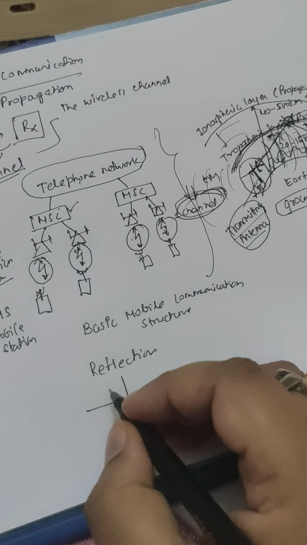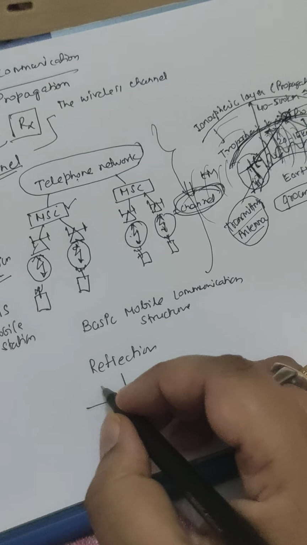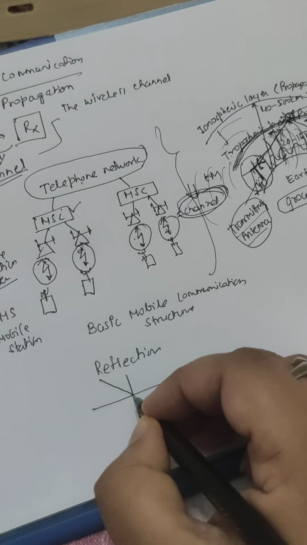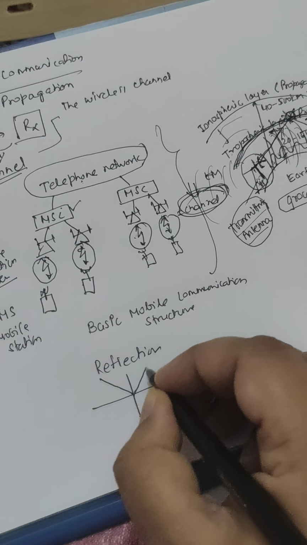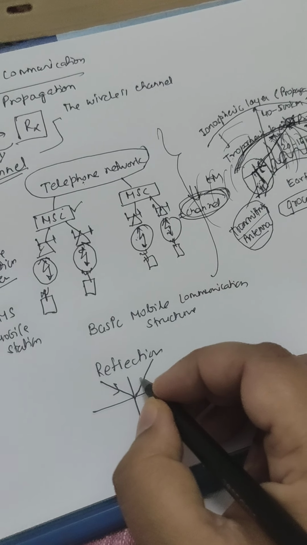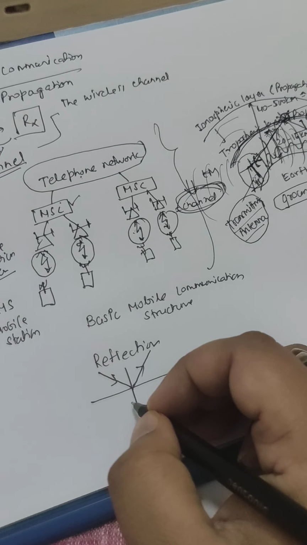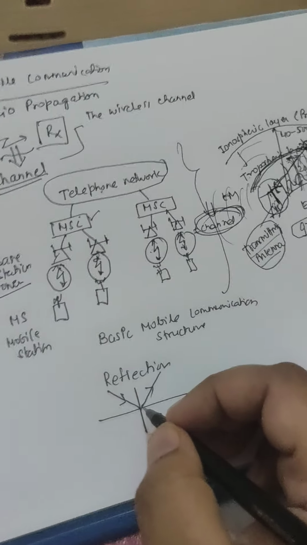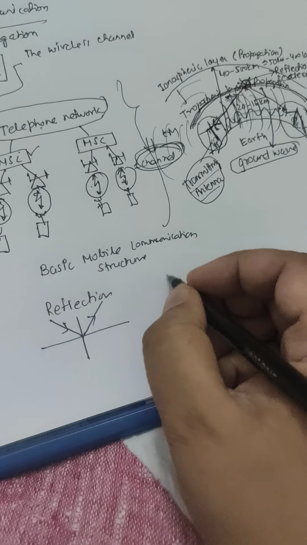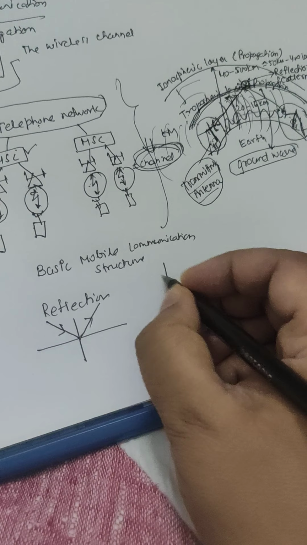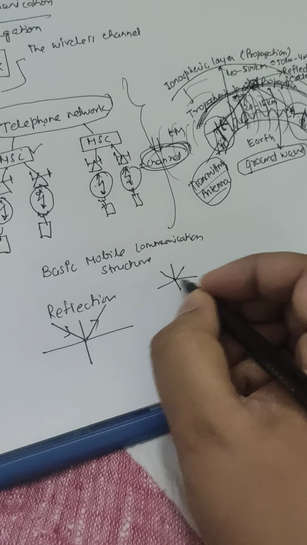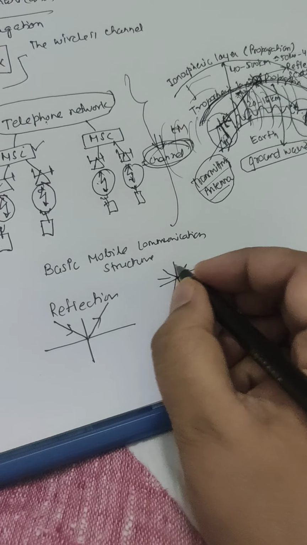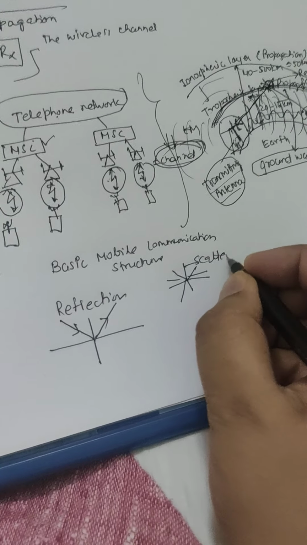When the wave falls on one surface and it is retransmitted to the other surface, it's called reflection. What is scattering? When rays fall and are distributed in unwanted directions, that is called scattering.